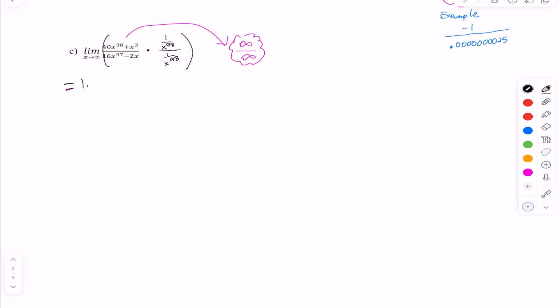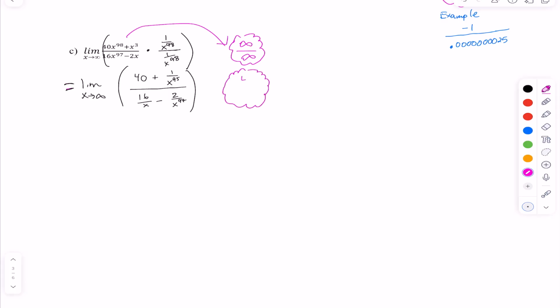Algebra is a form of magic. So we get something that's close to 40 over 1 over x to the 95th power. And if you check the form on this line, you'll realize you're not having very large over very large anymore.